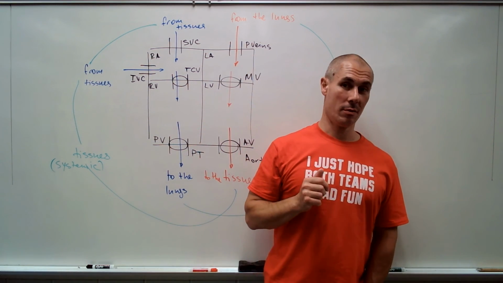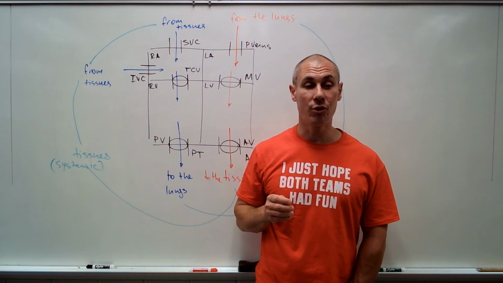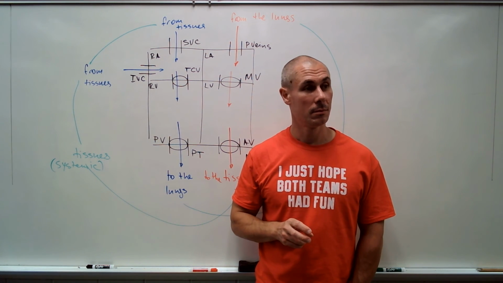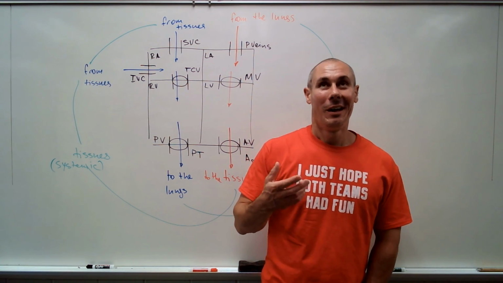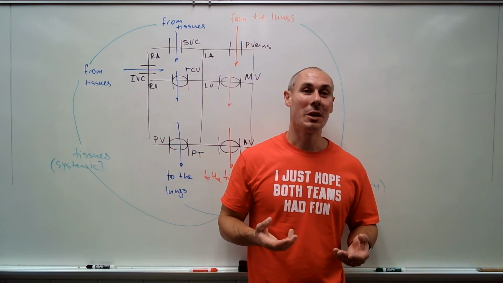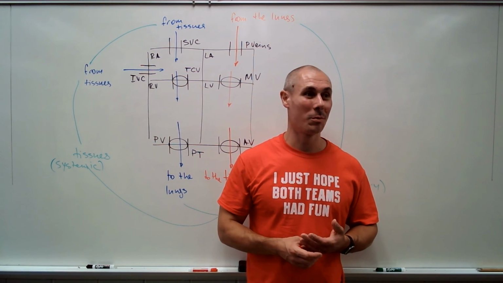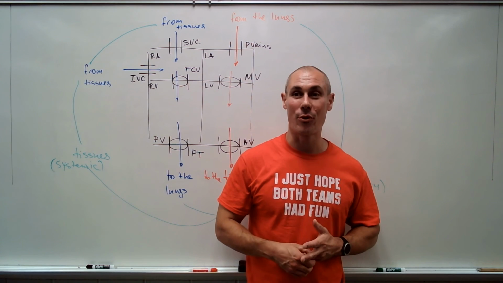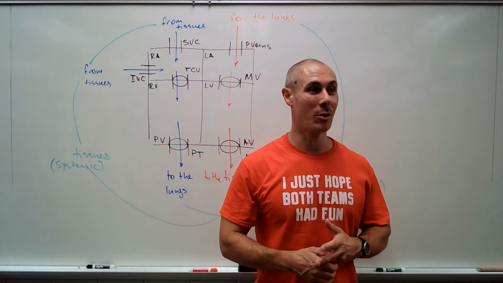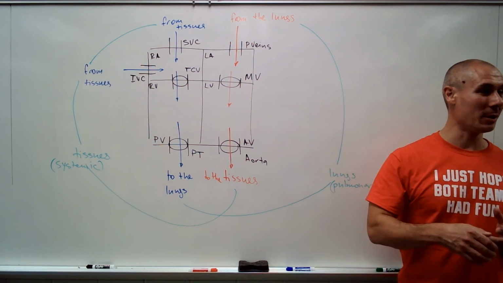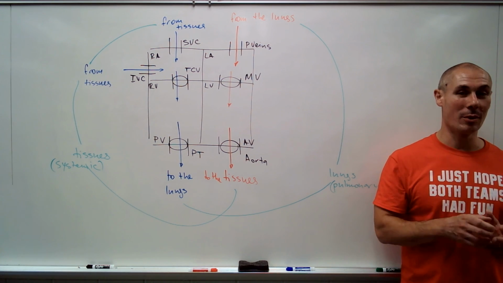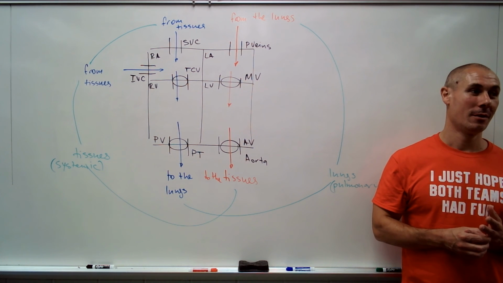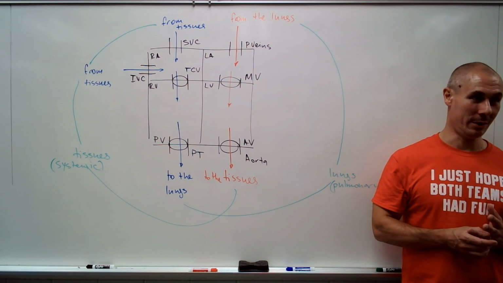Which circuit is flimsier? I mean, I don't know. So which circuit will be more prone to the damage from the pressure? Systemic, or like if you have a spike in the blood pressure, which circuit will be more prone to the damage? Systemic or pulmonary? Pulmonary.